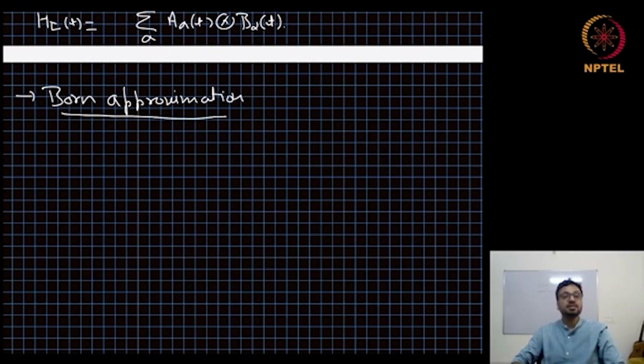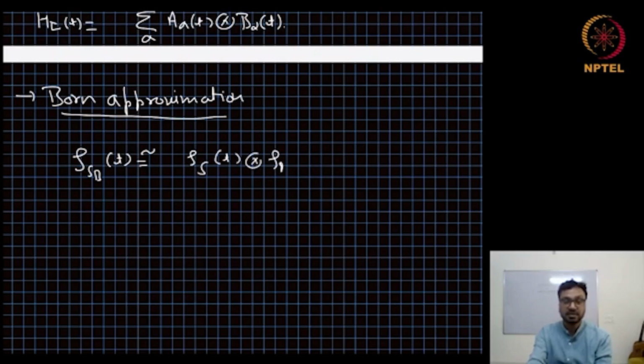On the other hand, the system is very small as compared to the bath, so it will see some changes which will be calculated in the dynamical equation. So the Born approximation states that the total state of the system and bath at time t can always be approximated as the state of the system at time t tensor the state of the bath, which is constant throughout the dynamics.